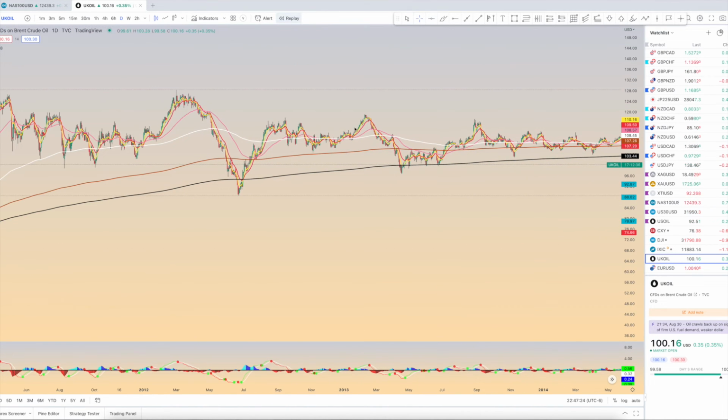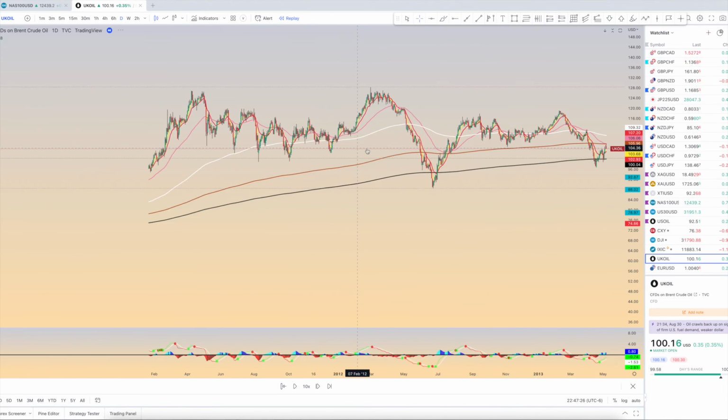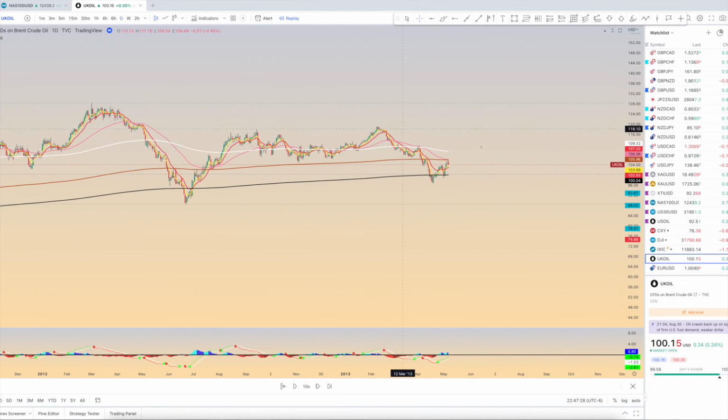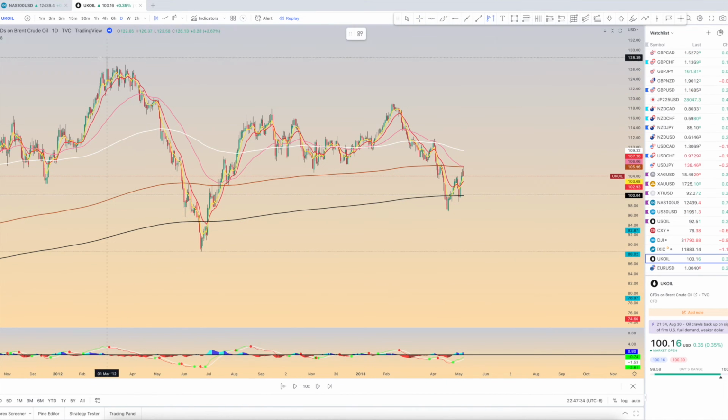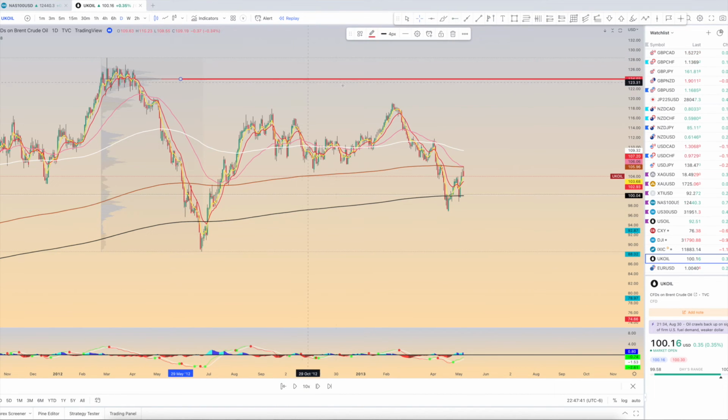Hit your replay, go right there, start analyzing. Now what you can do is take your volume profile from the peak to the bottom right here. Let's see, POC is right there, 123, it's pretty high. We'll get back to that.